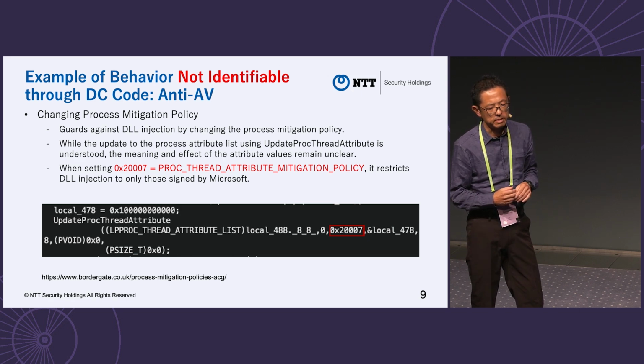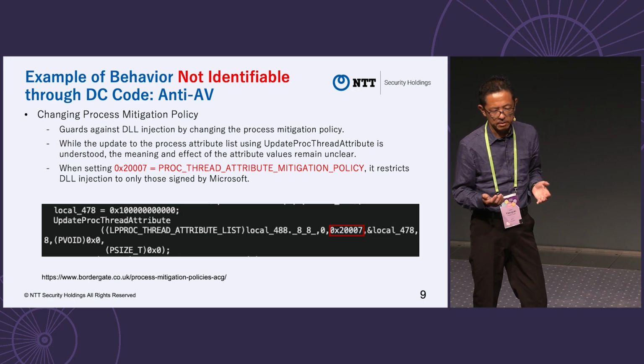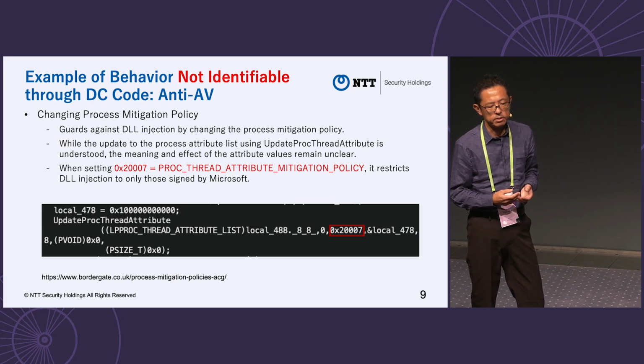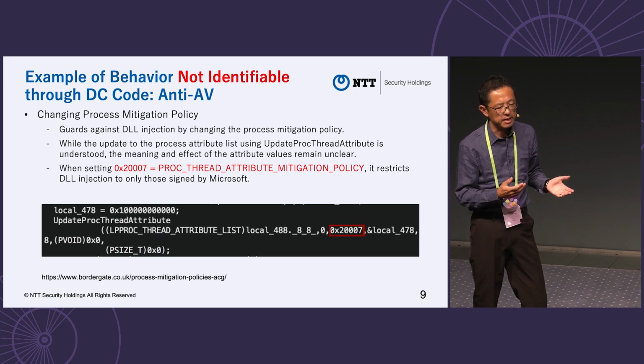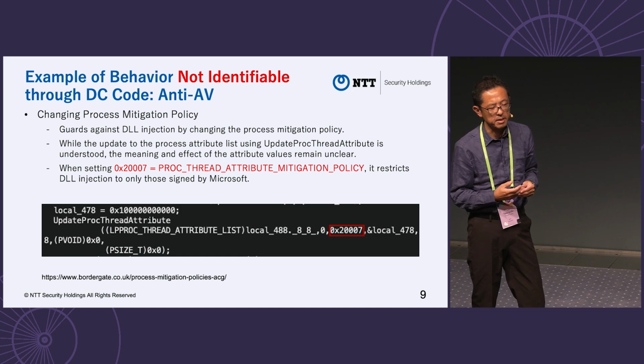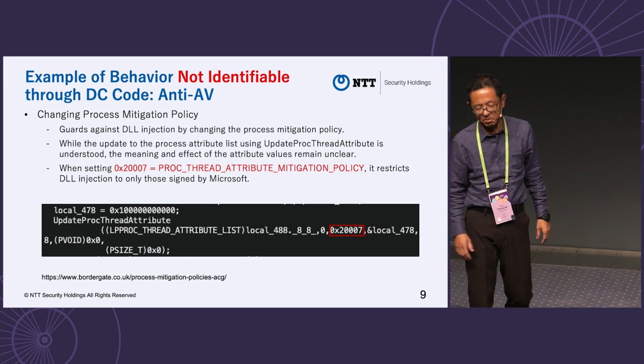When setting 0x00007, it means PROC_THREAD_ATTRIBUTE_MITIGATION_POLICY. It restricts DLL injection to only those signed by Microsoft. So the red characters mean important.